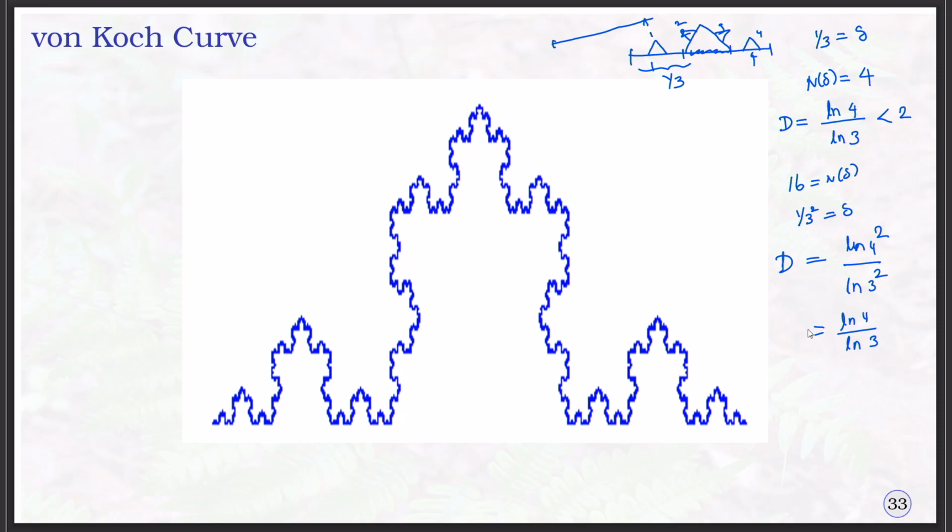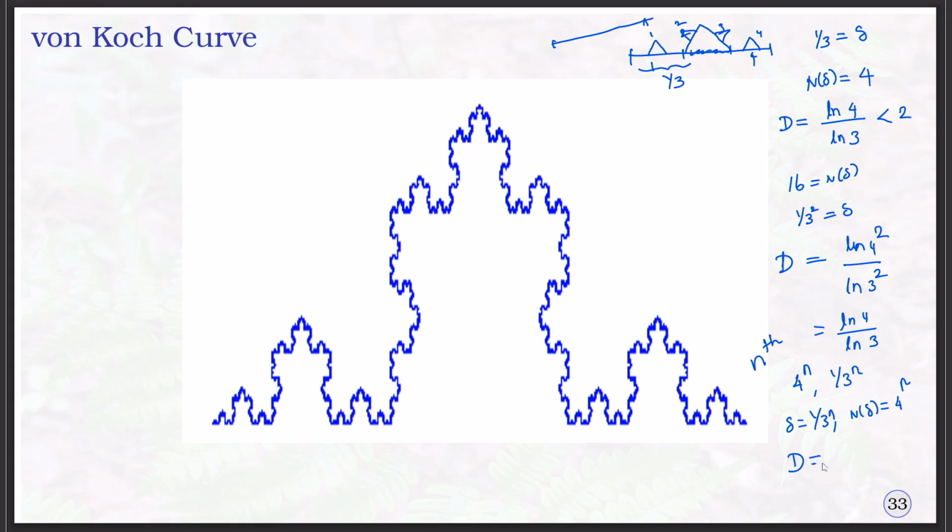In the same way, after the nth iteration, the Sierpinski triangle has 4 power n line segments of length 1 by 3 power n. Hence, if you are fixing delta as 1 by 3 power n, then the number of boxes required to cover the Sierpinski triangle in the nth iteration is 4 power n.